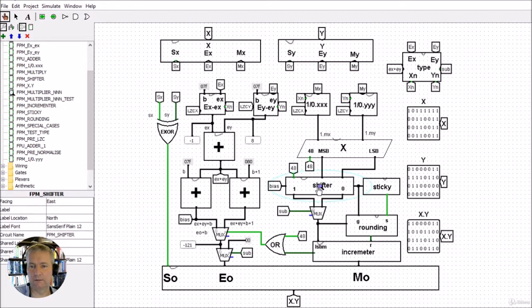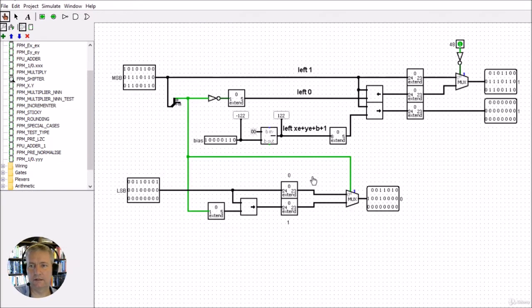And then we head into the shifter, and as I say, in the shifter, this is where all of the choices are made for the mantissa. So we've got 3 different things we can do with the mantissa. We can shift it by 1 to the left, or we can shift it by 0, that is, we just leave it, or we can shift it by this value here.